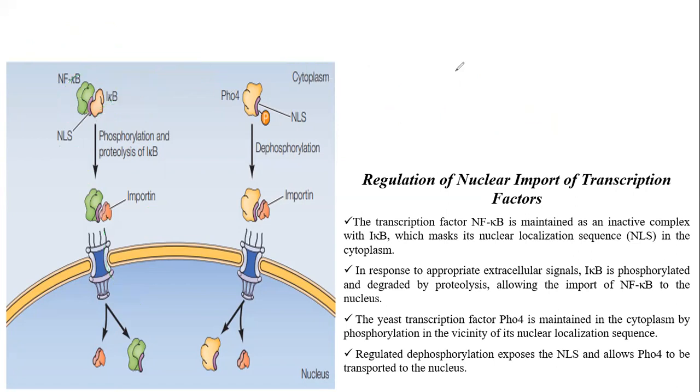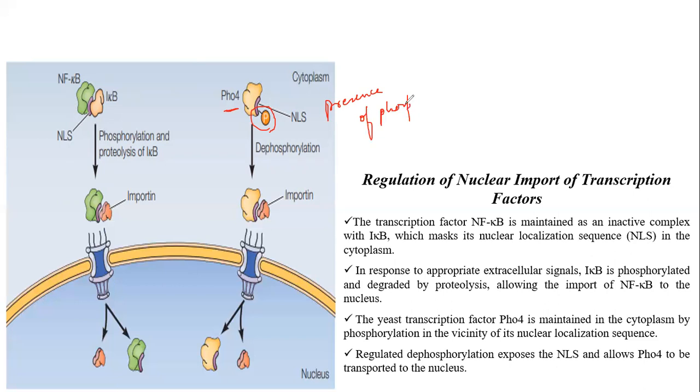Now coming to the next one. Here we have another protein called Pho4, which is actually a yeast transcription factor. Now what do we see here? You have the NLS, which is also having the phosphorylation. Because of the presence of the phosphate group, the importin protein cannot bind to it, right?